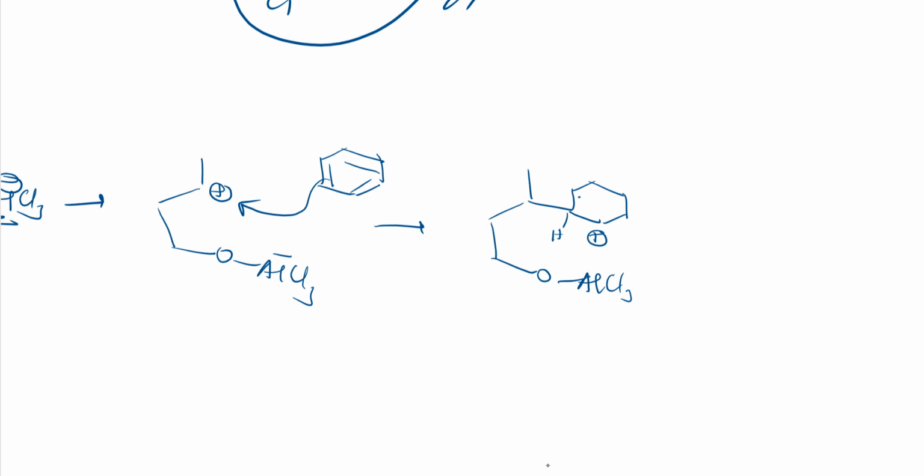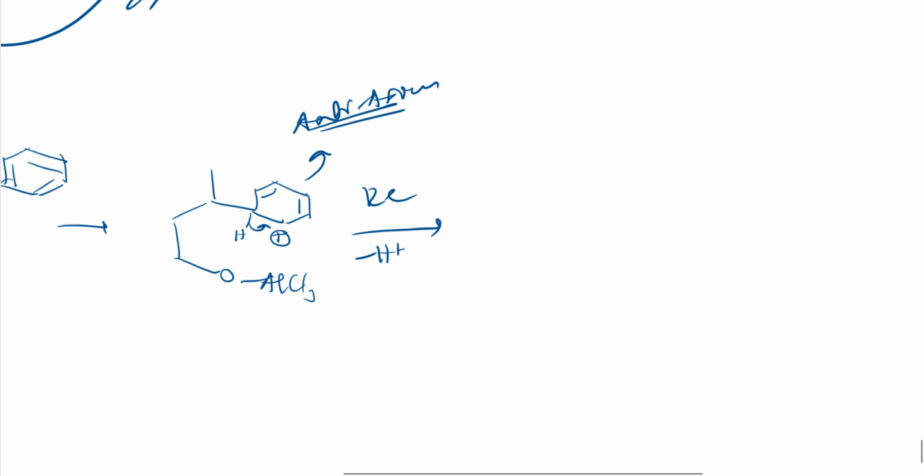Rearomatization is the driving force, because the ring will be anti-aromatic now. So this hydrogen will go, minus H plus. This step is nothing but rearomatization, right? So what I'll get is this product.